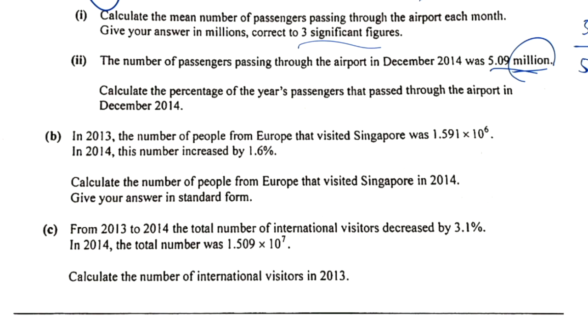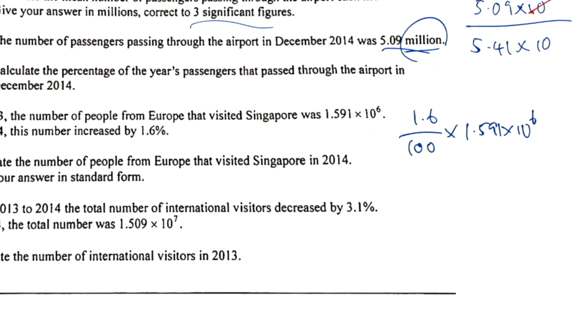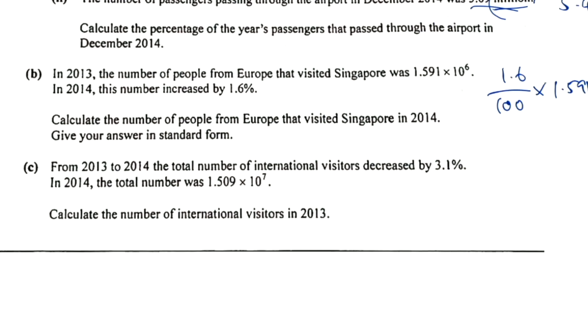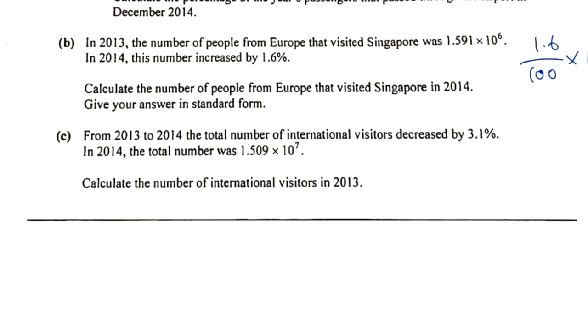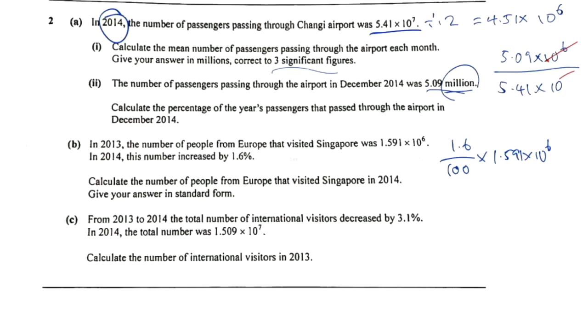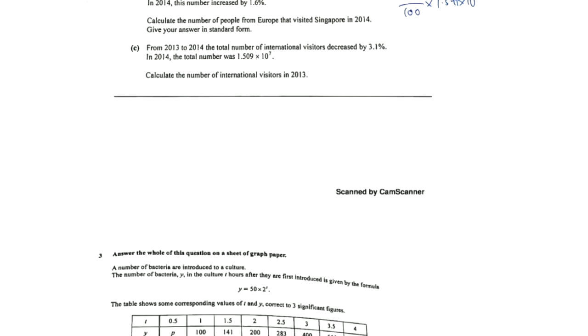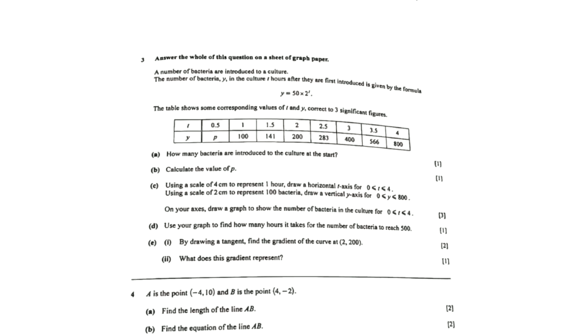So there's an increase of 1.6%. How do we find 1.6%? Over 100 times 1.591 million. This one is calculator work, it's just percentage finding, so nothing much to go through. I'm going to skip, go here.